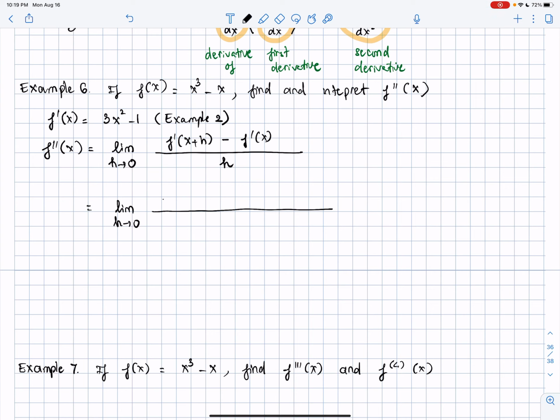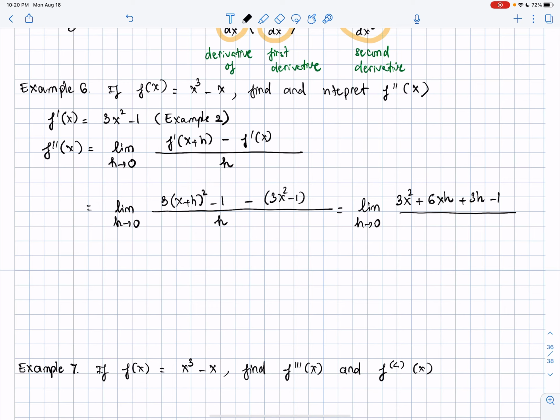So we get 3 times x plus h squared minus 1, minus 3x squared minus 1, over h. Now we open the parentheses, so we get 3x squared plus 6xh plus 3h squared minus 1 minus 3x squared plus 1, divided by h.